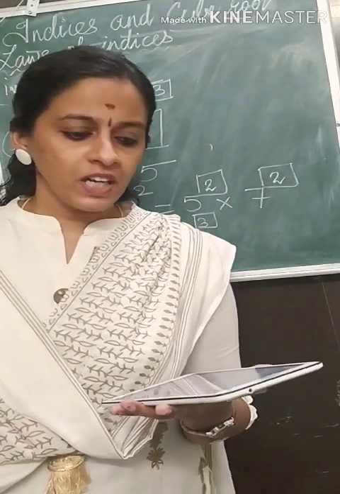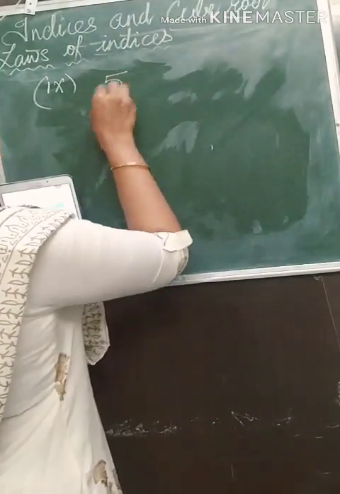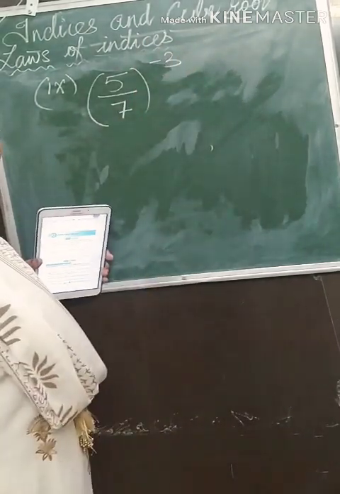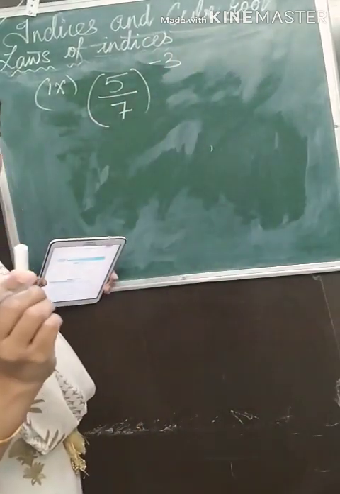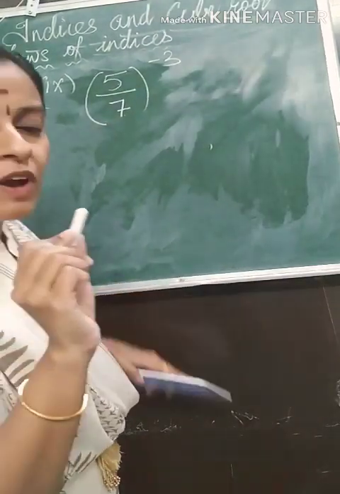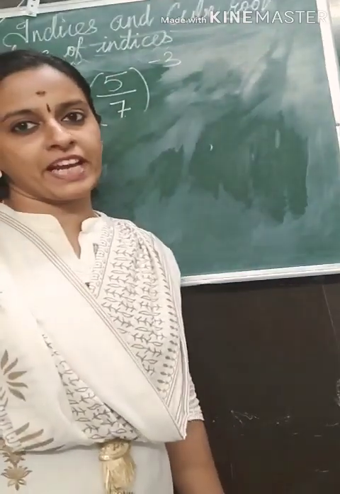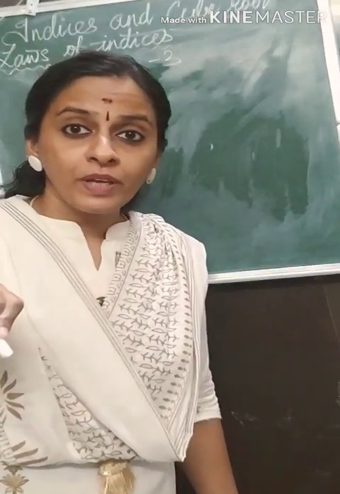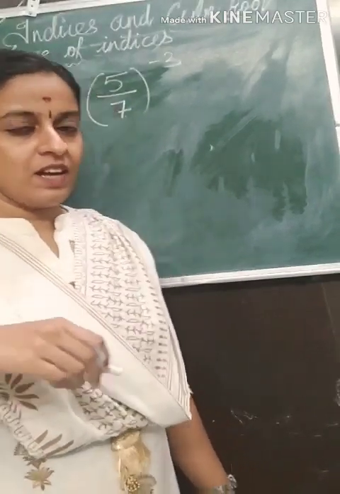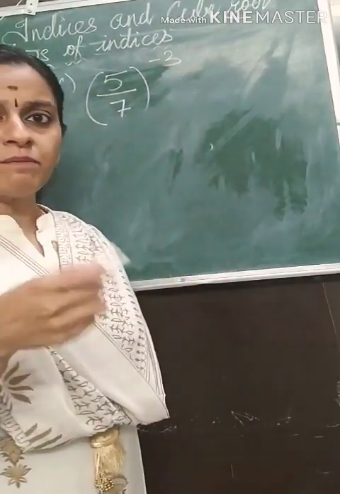Now we go on to the ninth question. 5 upon 7 the whole raised to minus 3. Now, minus 3 is the index. And this is a fraction, numerator denominator form. So if you have numerator denominator form and a negative index, the denominator will become numerator, numerator will become denominator. And the negative index will become positive.